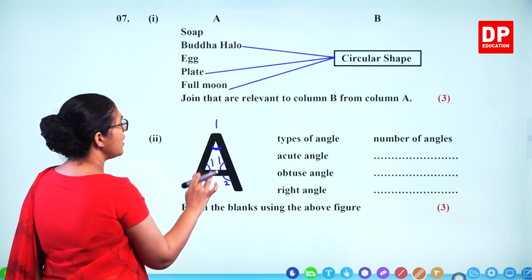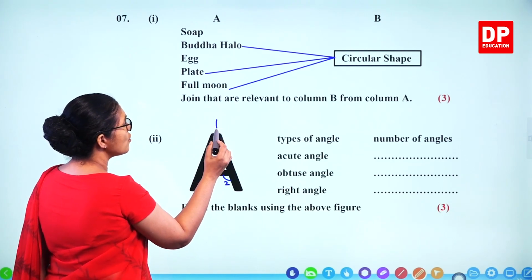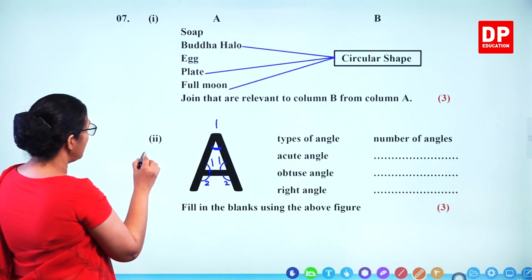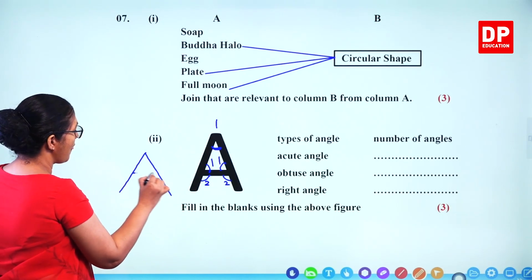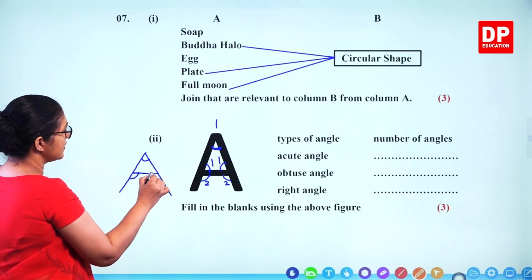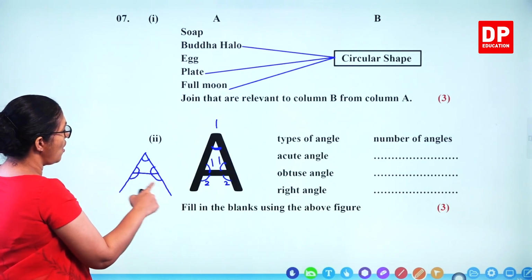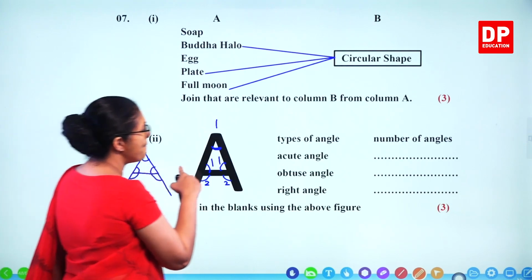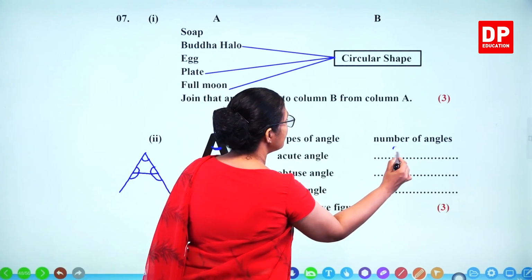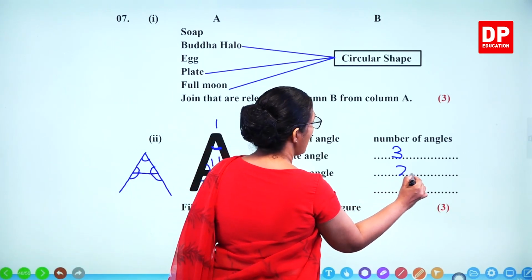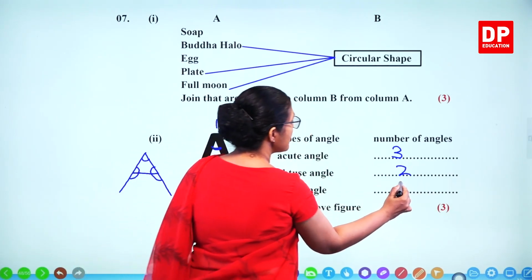So I just took the inside. Outside also if you are taking, you can count, but I'm taking only this part. So inside angles, these angles, this and this. So we get 3 acute angles and we get 2 obtuse angles and right angles 0.